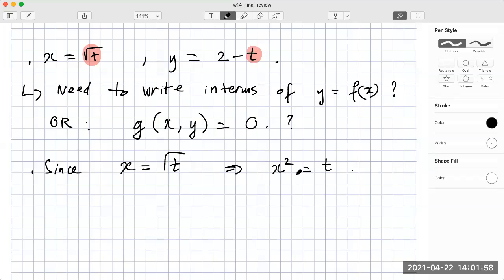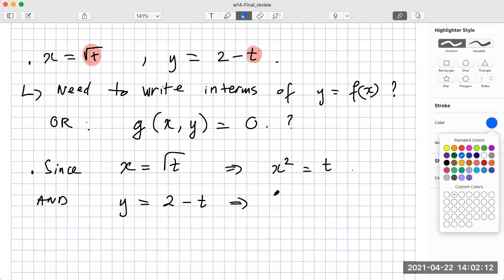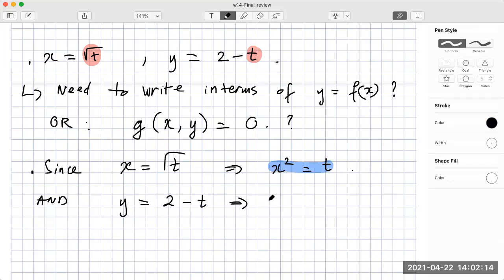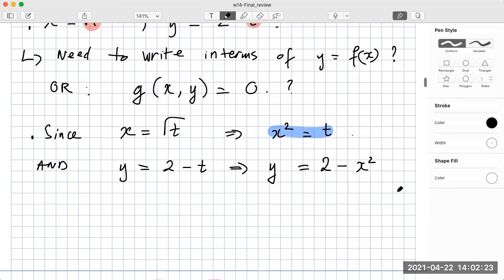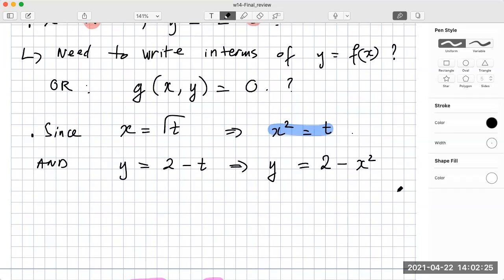If x squared is equal to t here, and y is equal to 2 minus t, then we can write this t in terms of x here, right? How does it become? Very good. 2 minus x squared. That's it.